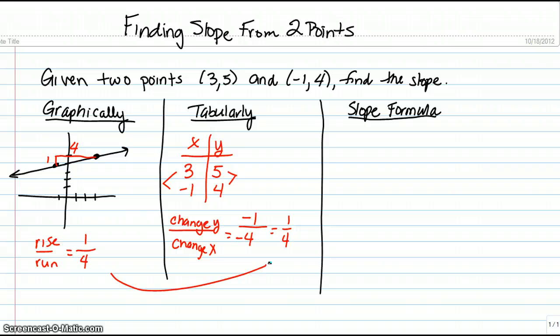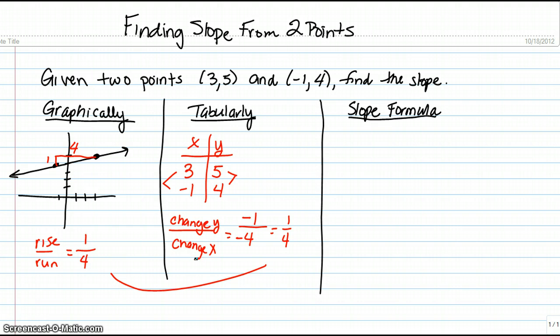So our final method for finding the slope between these 2 points involves using all these things we've talked about so far. The rise is the same thing as the change in the y. So how is it we could possibly write the change in y differently? And then the run is the same thing as the change in the x.